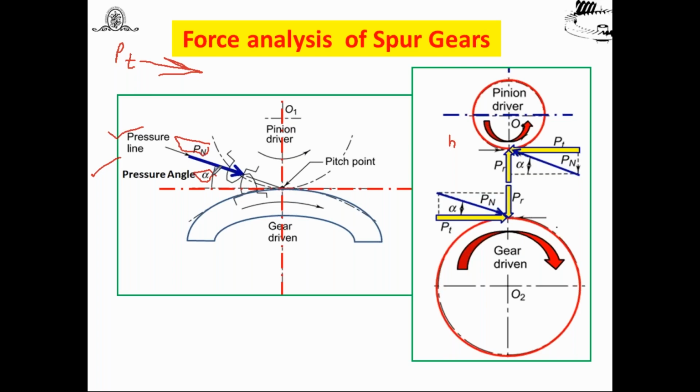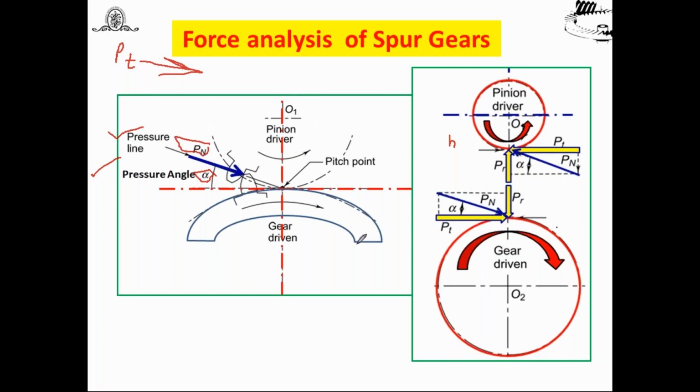How to define the pressure angle? It is the angle between the tangent drawn at the pitch point and the pressure line. All these are terminology you studied in theory of machines, and also in design. This is the gear, and this side is the pinion.